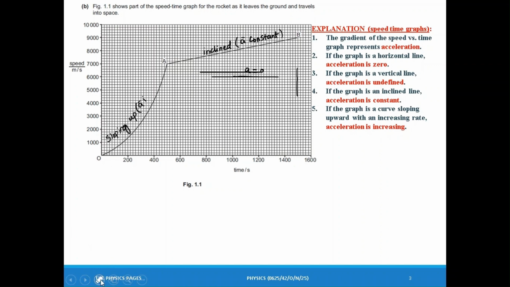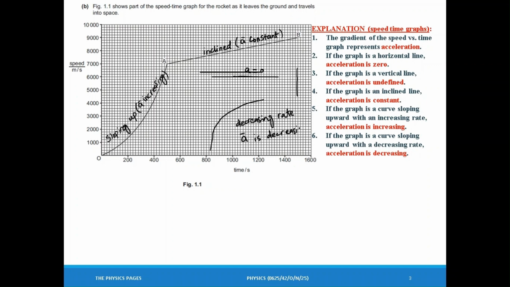So acceleration is increasing. The last point: if the graph is curved sloping up with a decreasing rate, like this one, then we can say that the acceleration is decreasing.